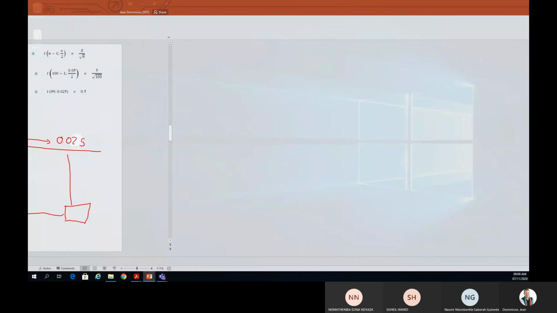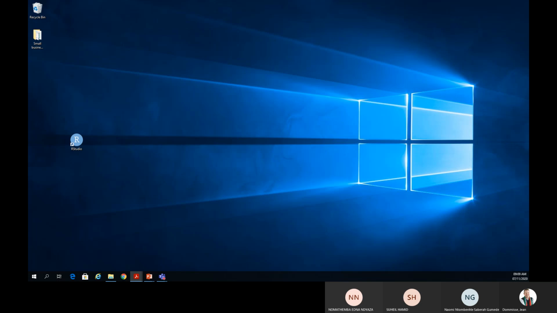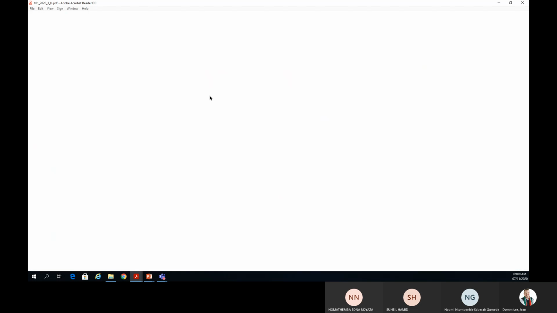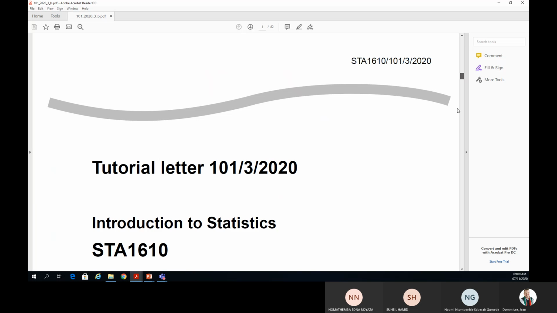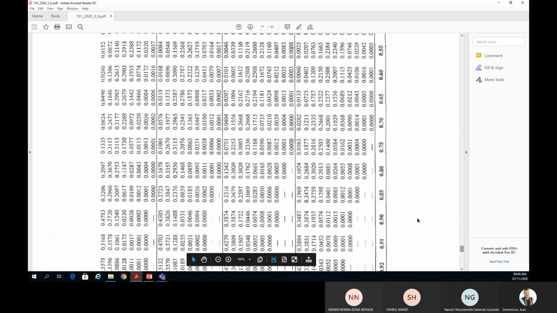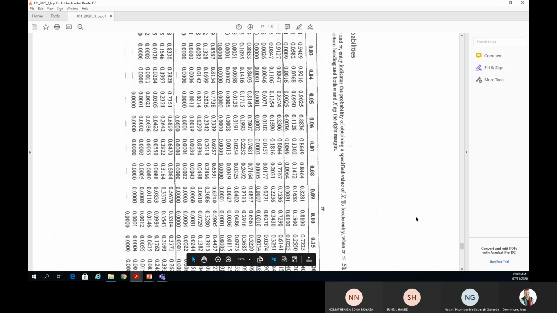Okay, cool. It will go on and off, so don't worry about that. You're supposed to see some of the tables now.